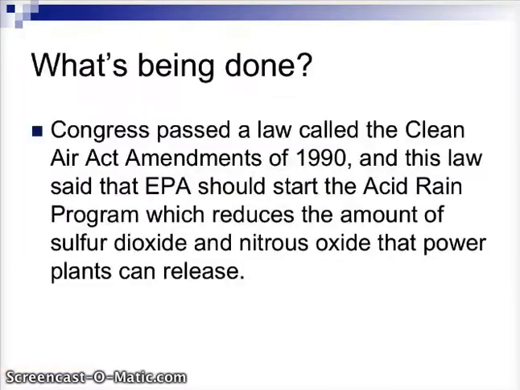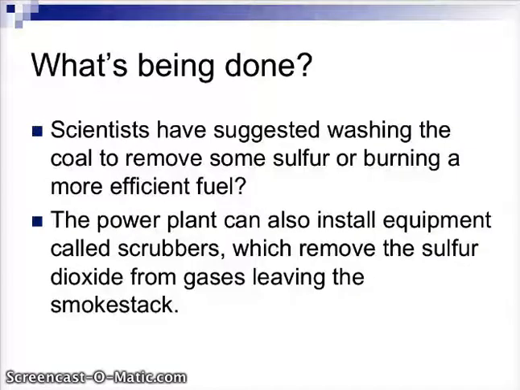Now, Congress did something in 1990, before you were born, called the Clean Air Act. What that does is it puts a block on how much pollution, how much sulfur dioxide and nitrous oxide, that power plants can release. So that was a great first step.